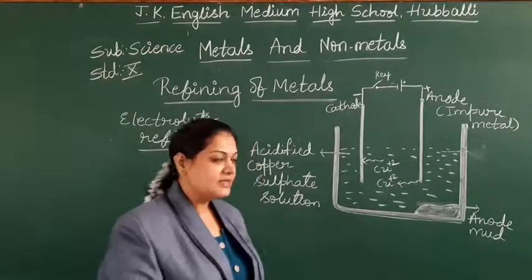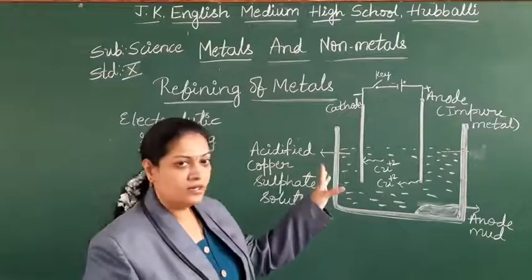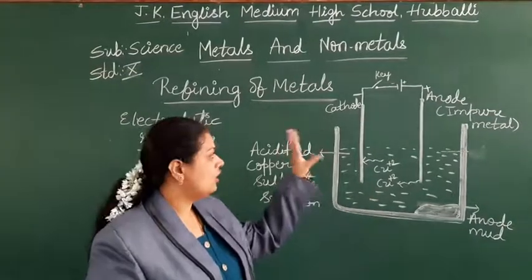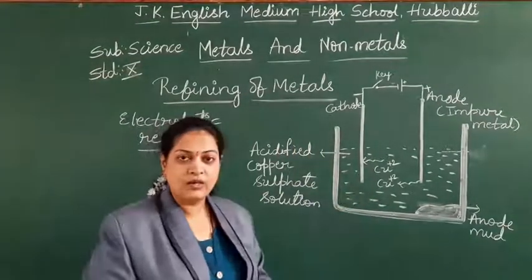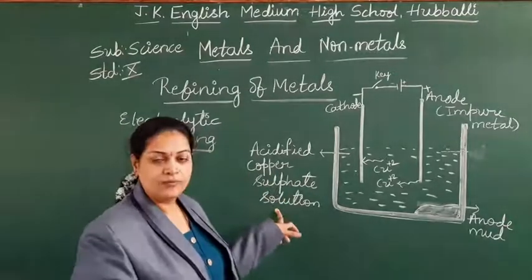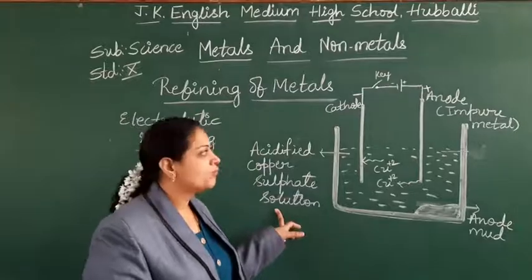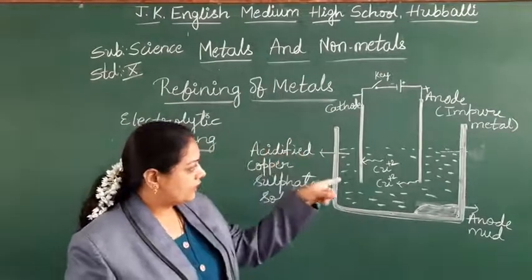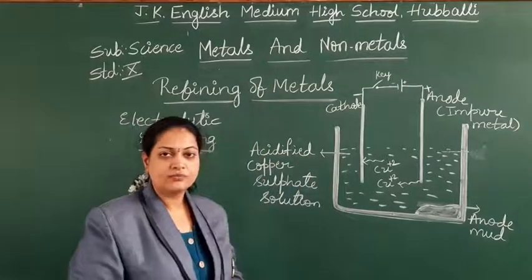So let me repeat once again. You are going to take one tank, you will arrange everything as shown in the figure, and in the tank you are going to take one electrolyte, the respective metal electrolyte. The impure metal will be connected to the anode side.